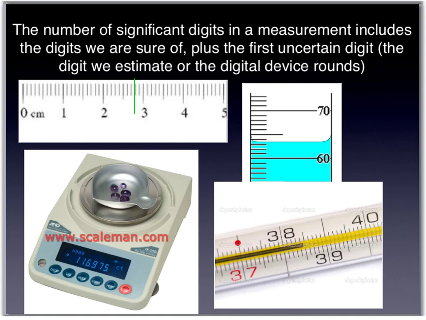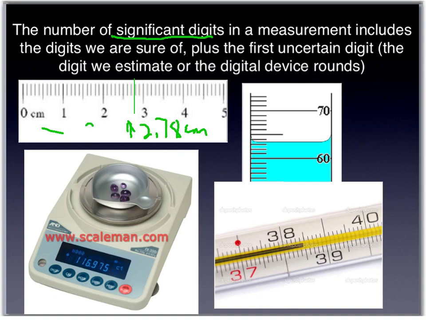So the number of significant digits in a measurement includes the digits we're sure of, plus the first uncertain digit, the first one we have to estimate. So looking at this ruler here, trying to read this green line, it looks like it's between 2.7 and 2.8, so I'm going to call it 2.738 centimeters.